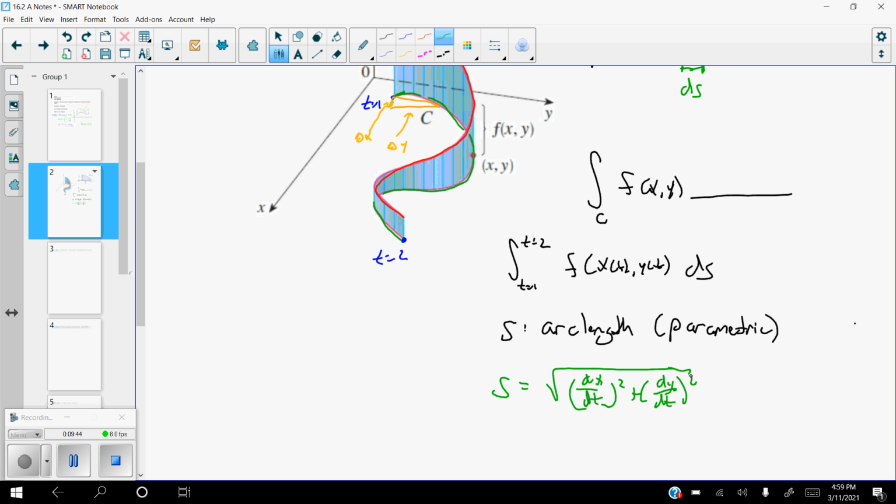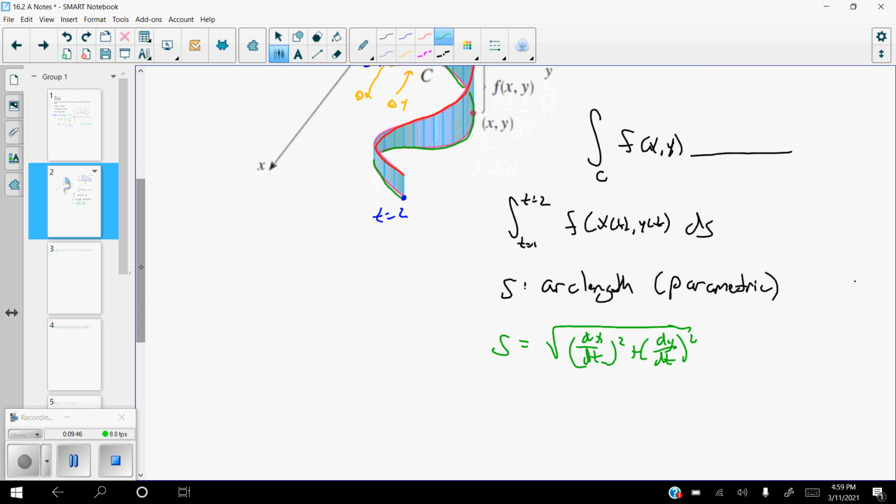So s as a function of t would be the same thing as the integral from 0 to t of the square root of dx over dt squared plus dy over dt squared, dt.